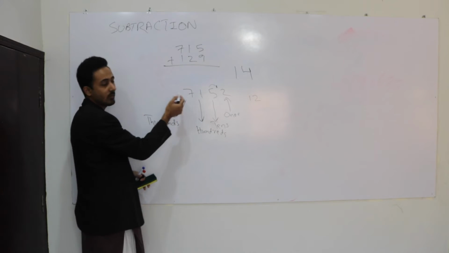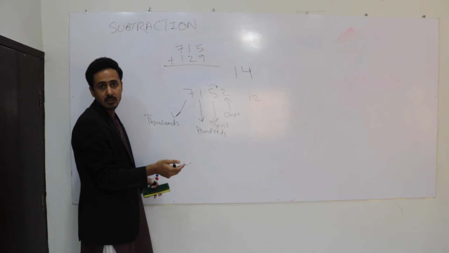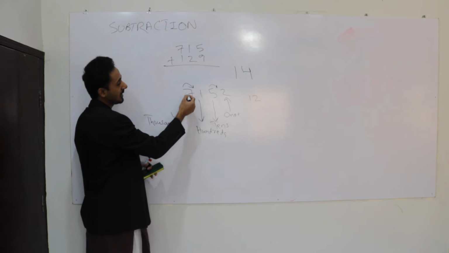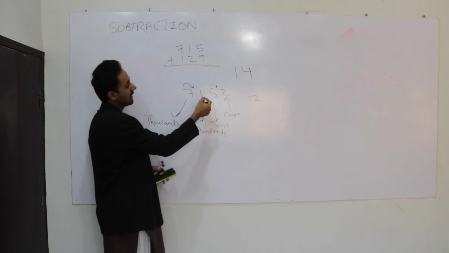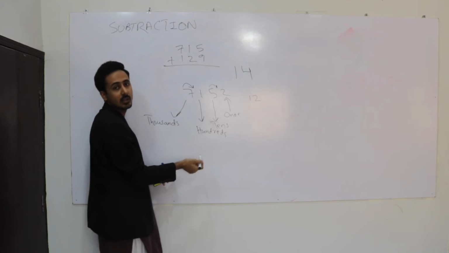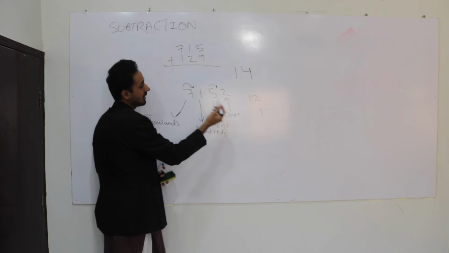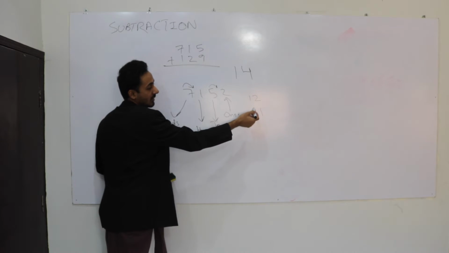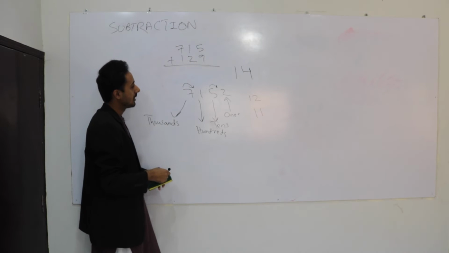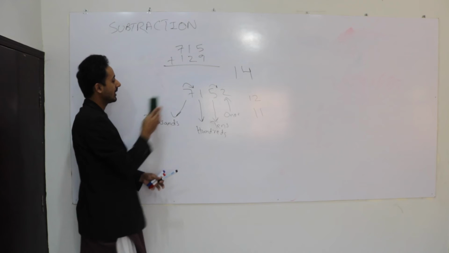Again, here this is thousands and this is hundreds place, so 1000 is 10 times greater than hundreds. So if we give 1 from here to here, that one will be 10 times greater than this one. So we will write 1 from here before this number, making it 11. This concept will be further clarified by solving the question.